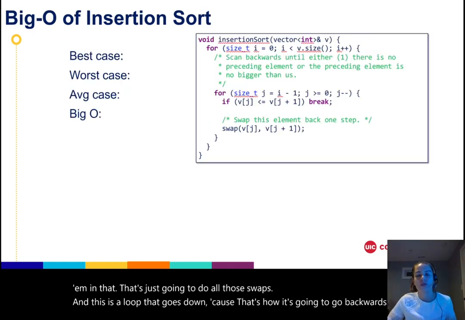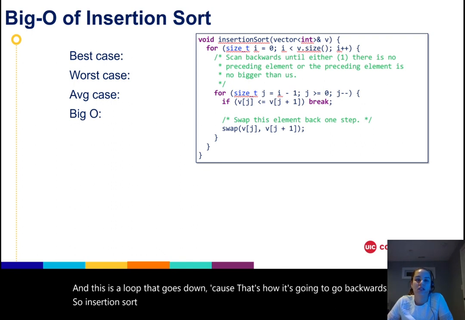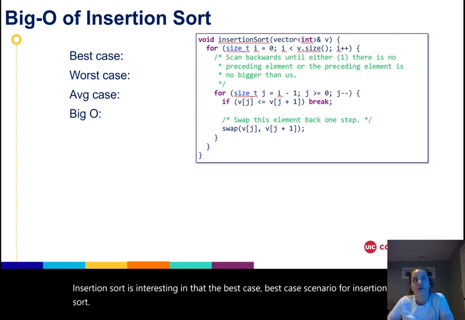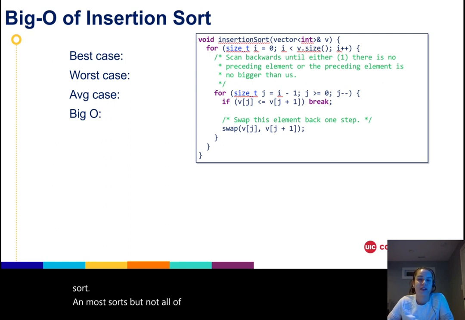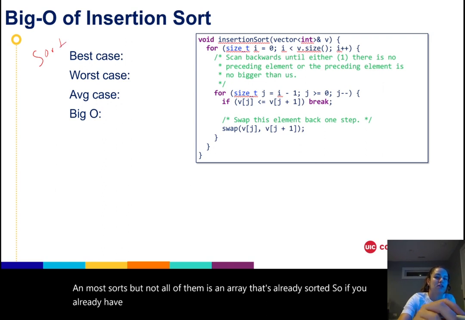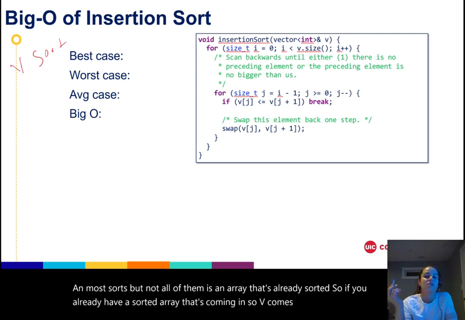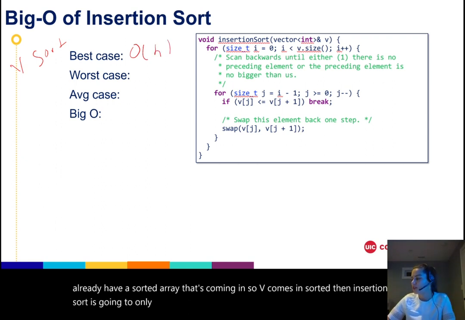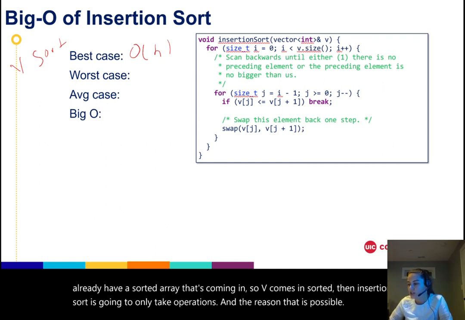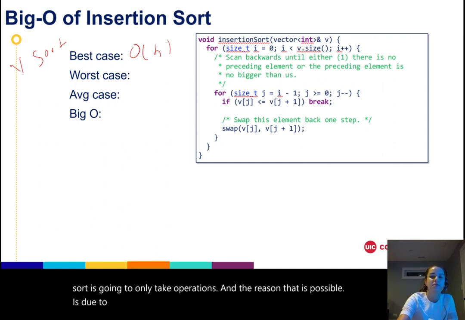Insertion sort is interesting in that the best case scenario for insertion sort, and most sorts, but not all of them, is an array that's already sorted. So if V comes in sorted, then insertion sort is going to only take n operations. The reason that's possible is due to that break point here.